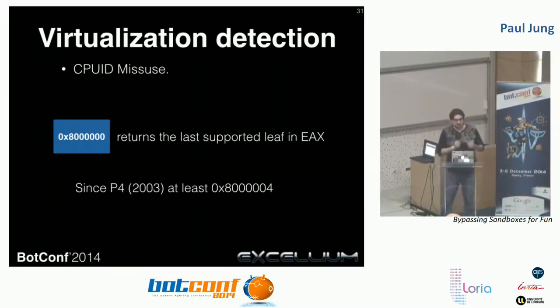It tells you how many options are available. If you use that on Anubis Sandbox, for example, you are able to tell that you are using a CPU which is older than a Pentium 4, which is not possible normally. So again, with CPUID, a little mistake, and you are able to see if you are in a sandbox or in the real world.